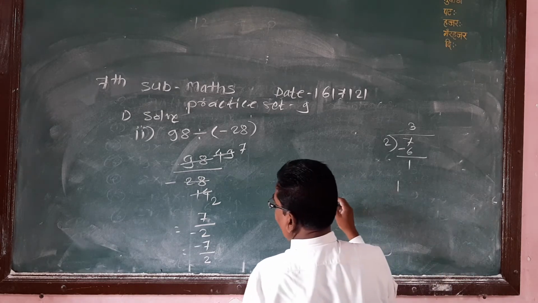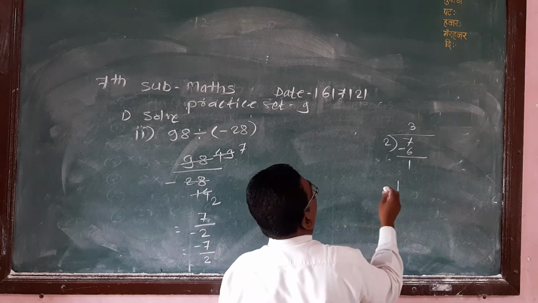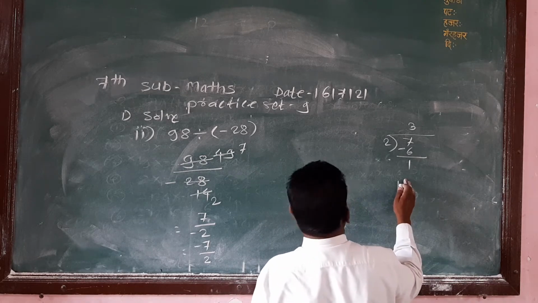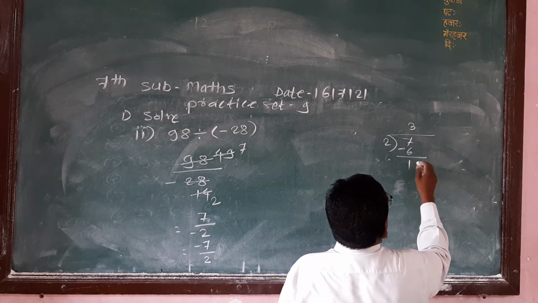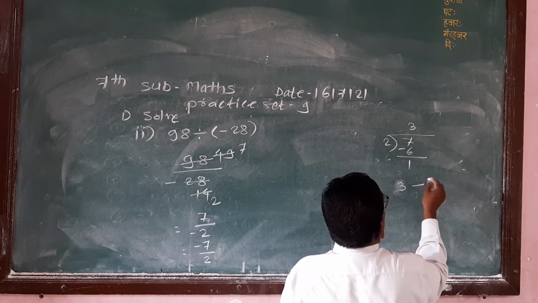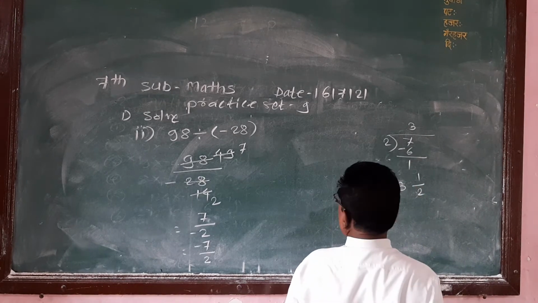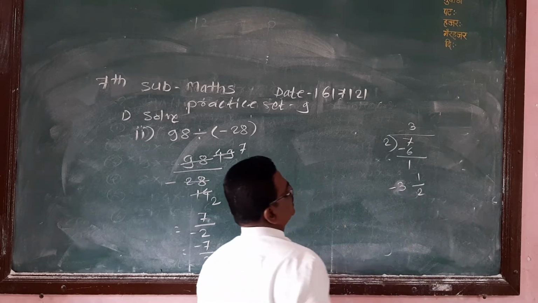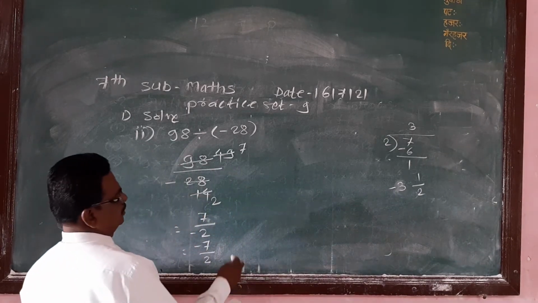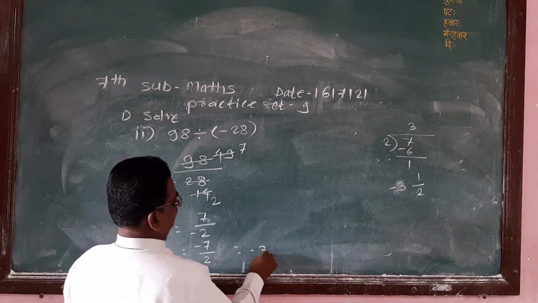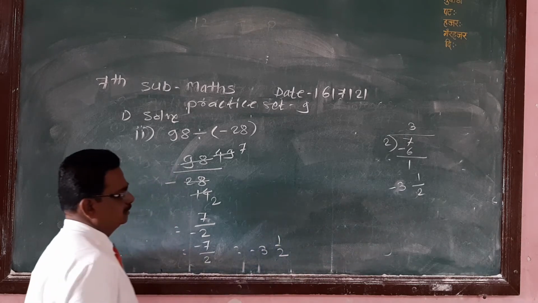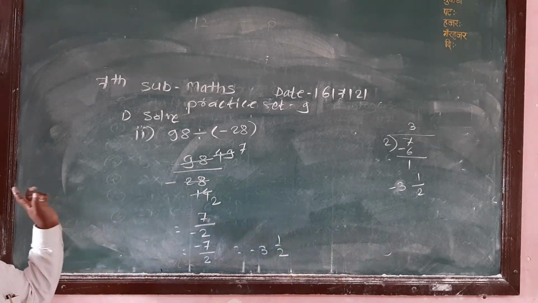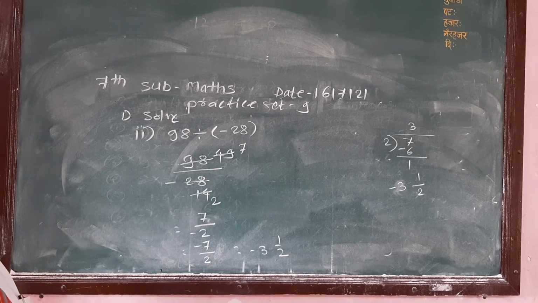Then 3 and 1 upon 2, it is minus, is equal to minus 3 and 1 upon 2. Okay?